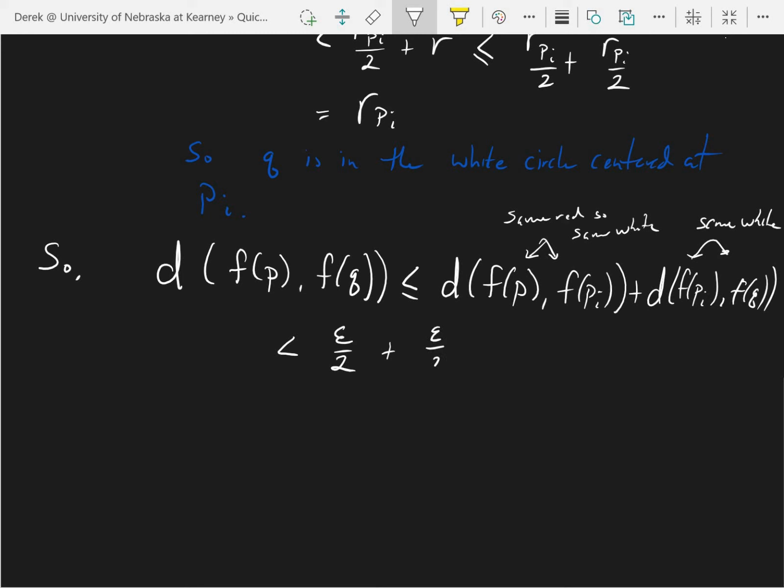So that's plus epsilon over 2 as well, less than epsilon. That is, if we pick delta equal to that R value, which was the minimum of the R sub i's over 2, we show uniform continuity.